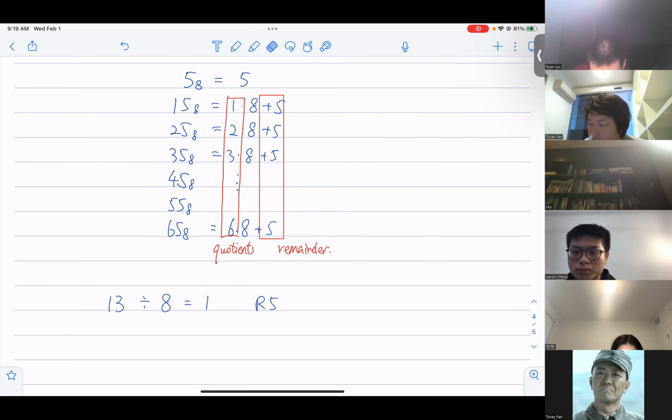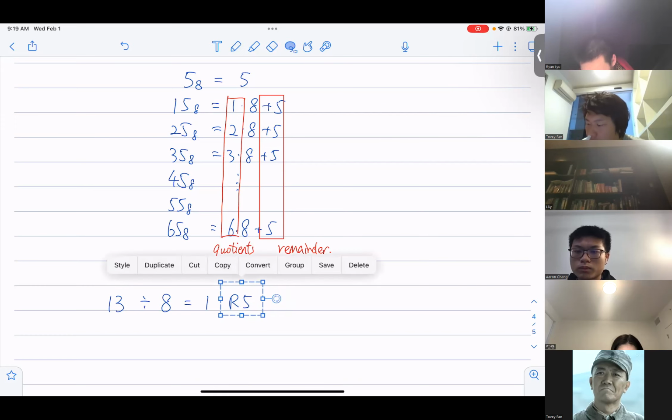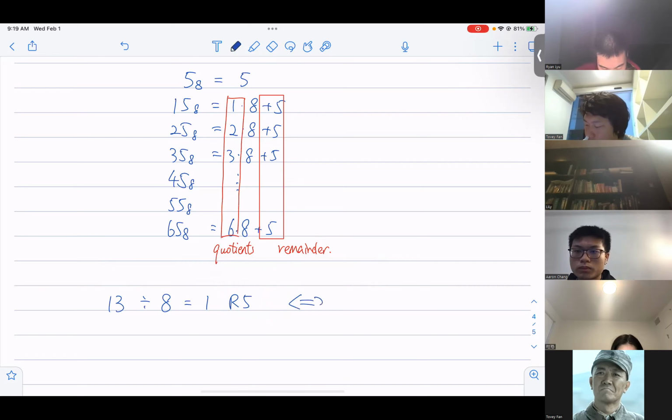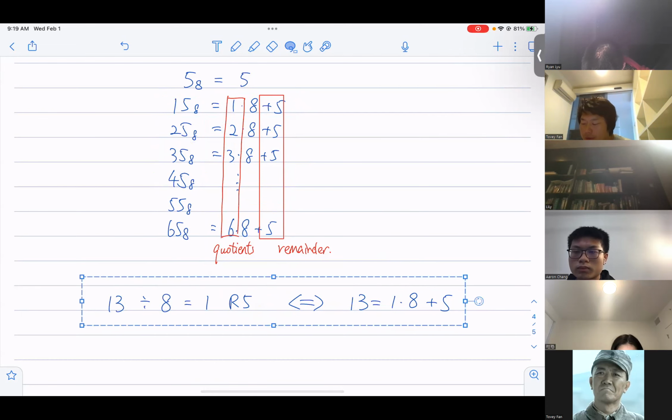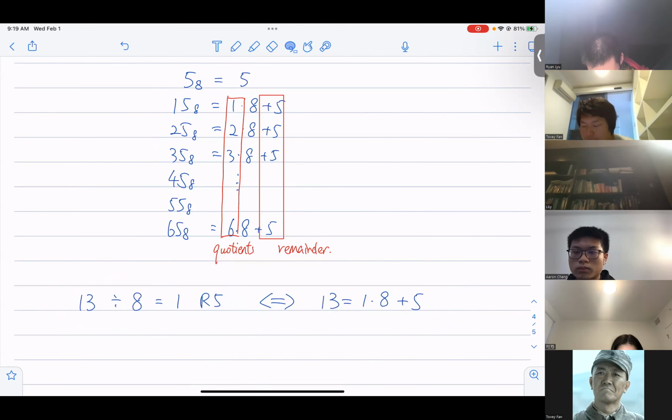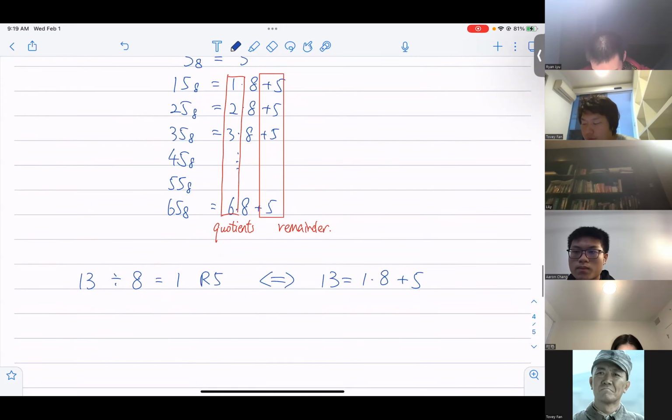What this means is that 13 is 1 times 8 plus 5, which is 15 in base 8. So the digit bundle representation of all these numbers is actually just the division. 13 divided by 8 is 1, remainder 5. It's equivalent to say that 13 is 1 times 8 plus 5, right?